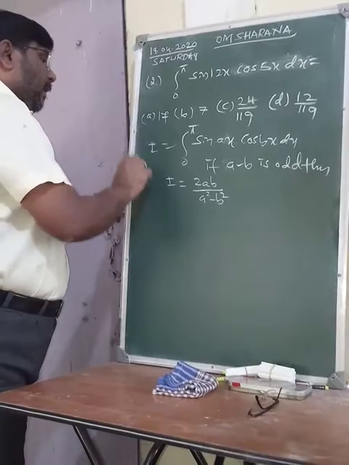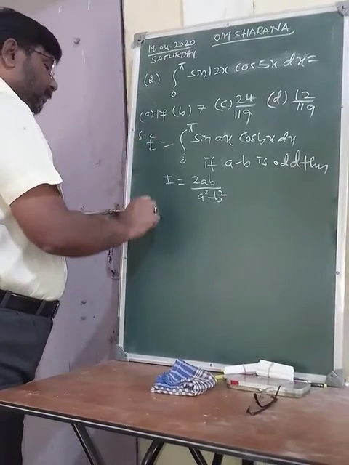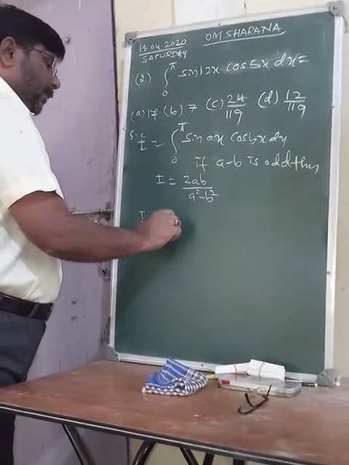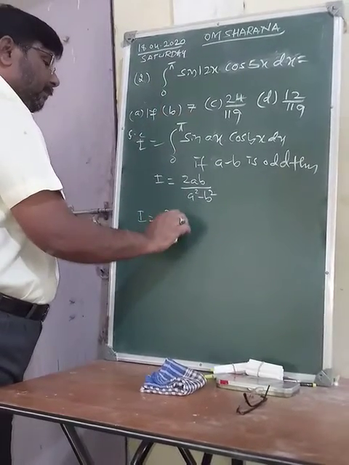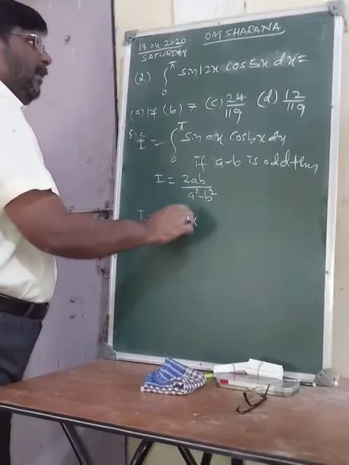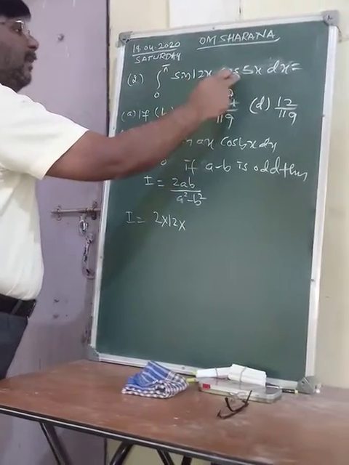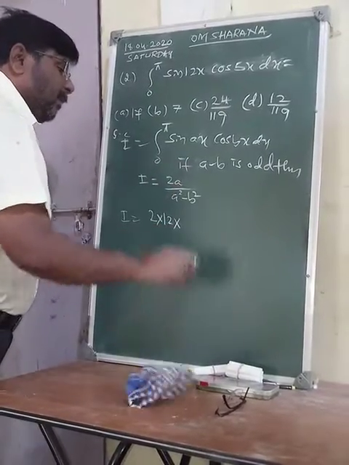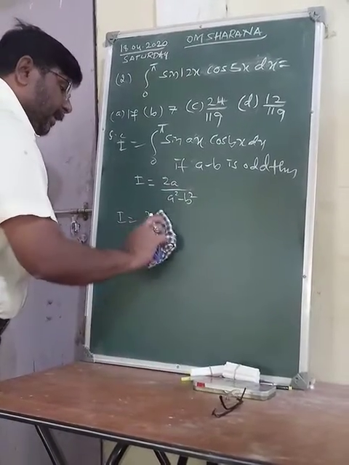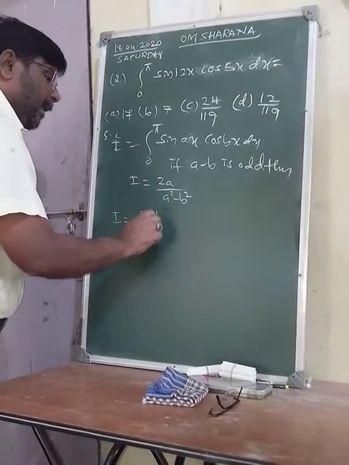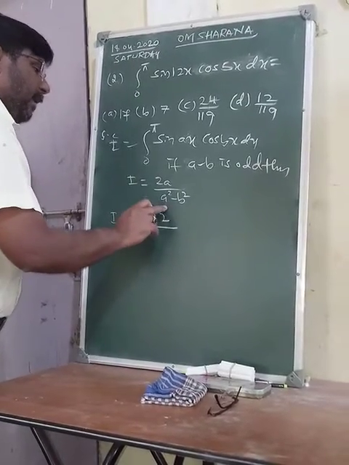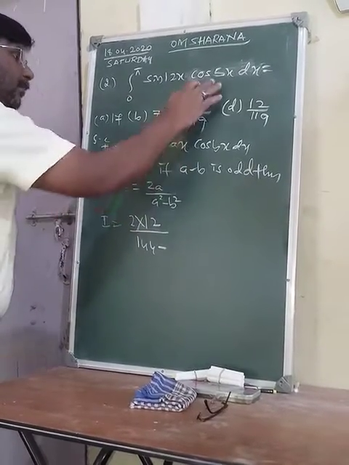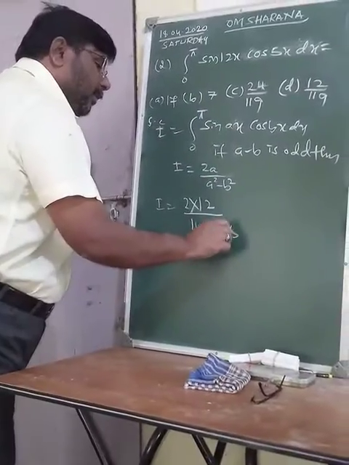12 minus 5 is 7, it is odd. Therefore, its value is equal to 2ab by a square minus b square. For our problem, it is I equal to 2, a is 12, into b is 5. 2ab by a square minus b square. It is 2 into 12 divided by 12 square, which is 144, minus 5 square, which is 25.